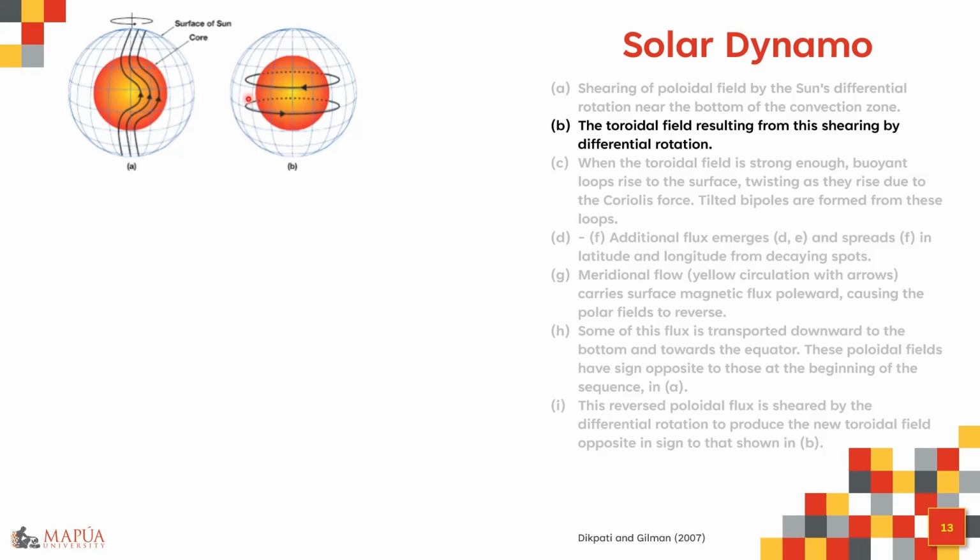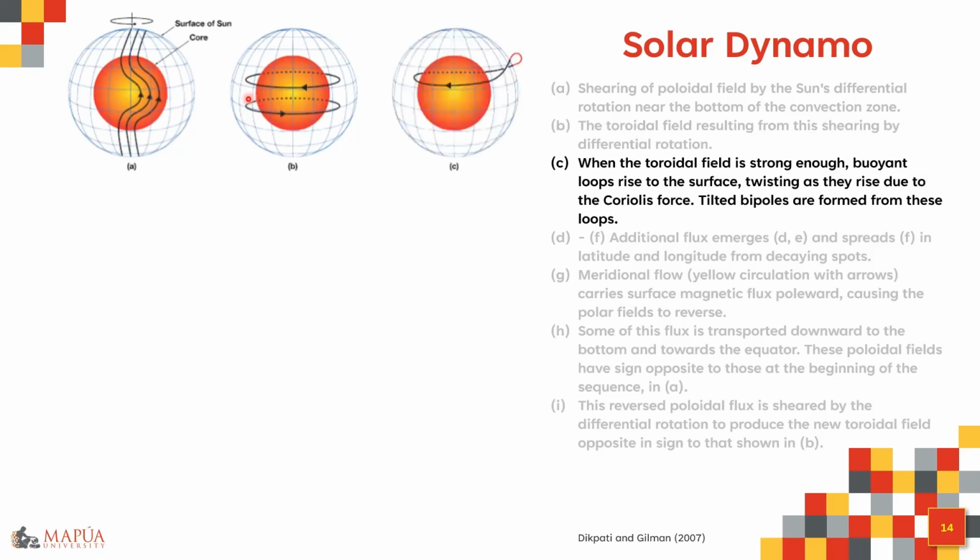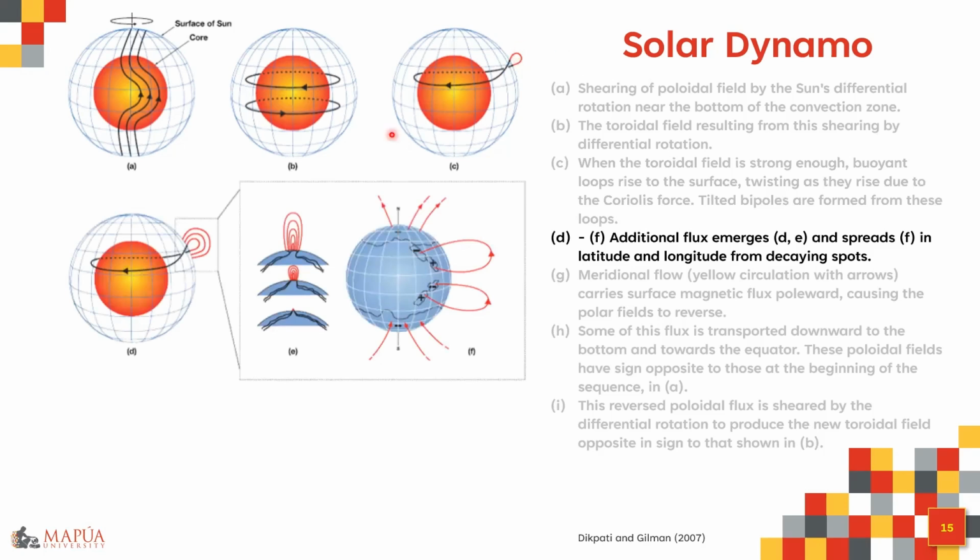Now, when this toroidal field is strong enough, this field will actually rise up towards the surface. And then because of the differential rotation and due to Coriolis effect, this field will actually emerge at the surface. Okay, so from here, additional fluxes emerge, starting from a very small emergence of magnetic field lines, and then it will actually start to grow.